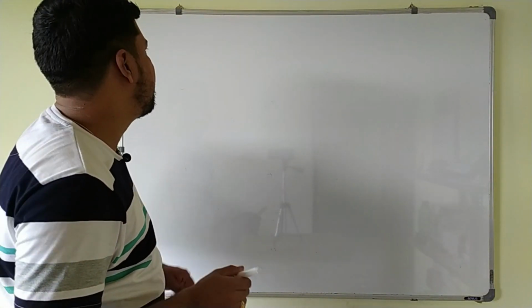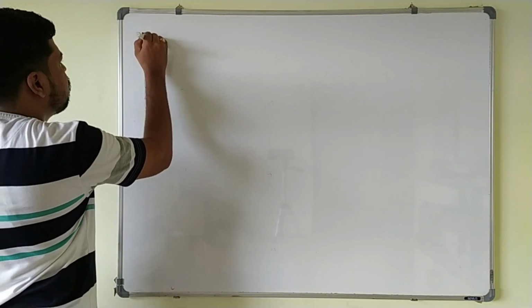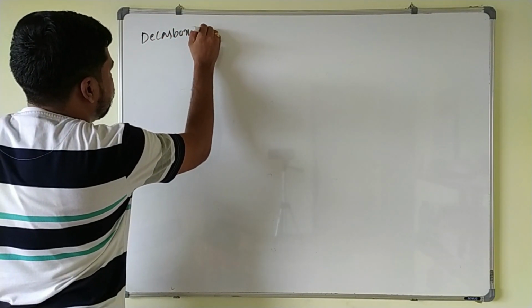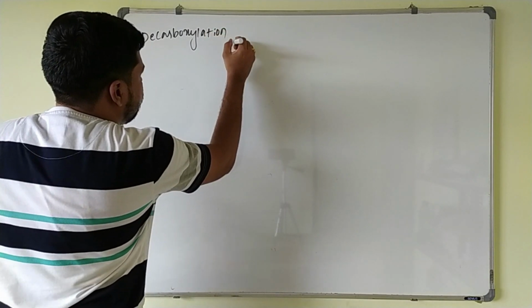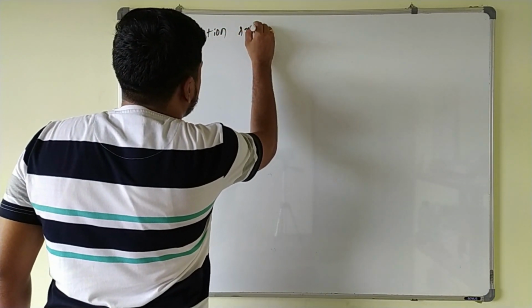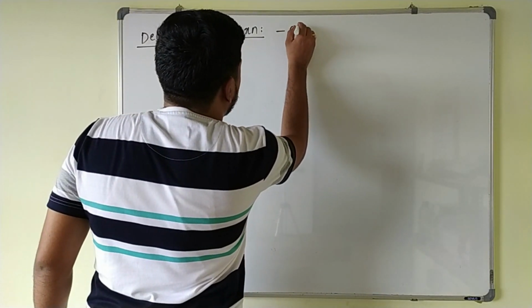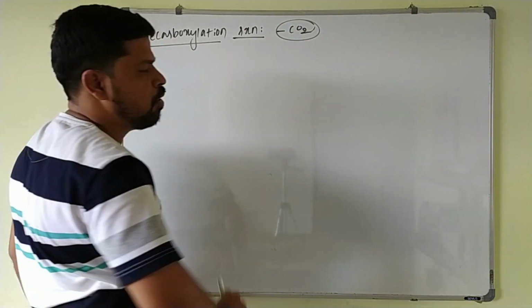So the next type of reaction is decarboxylation reaction. Decarboxylation is nothing but removal of CO2 molecule from the carboxylic acid here.